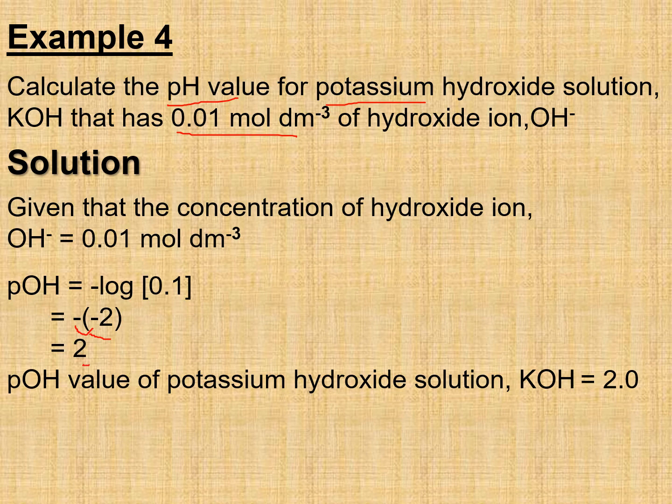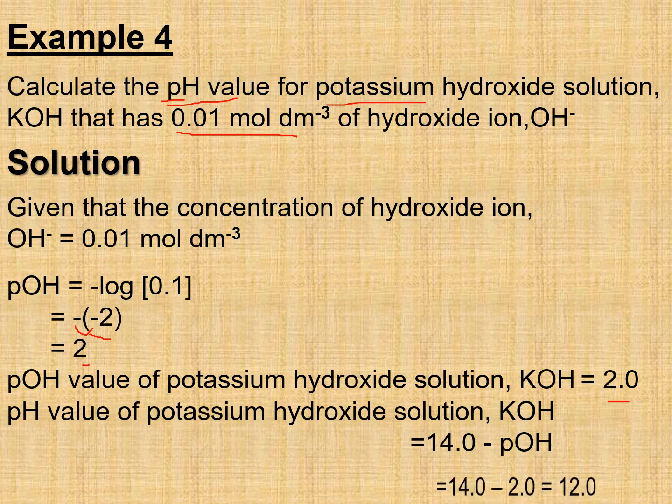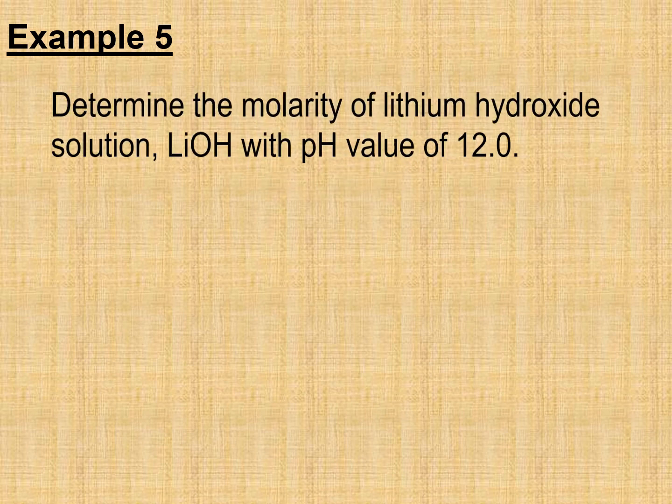So pOH value is 2. It's not your final answer because the question asks you to calculate the pH. So pH is equal to 14 minus pOH, which is 14 minus 2. So your final answer will be 12. Okay, get it? Next one, example 5.